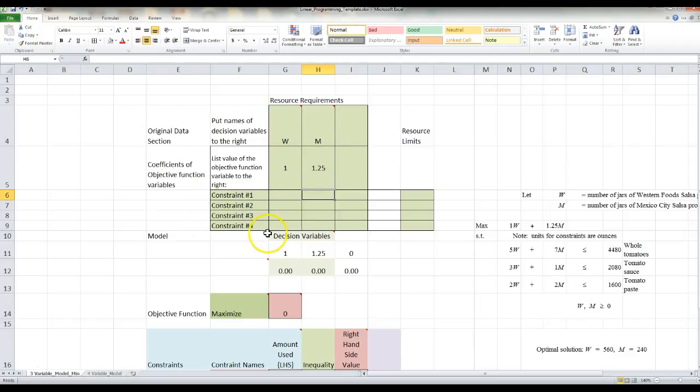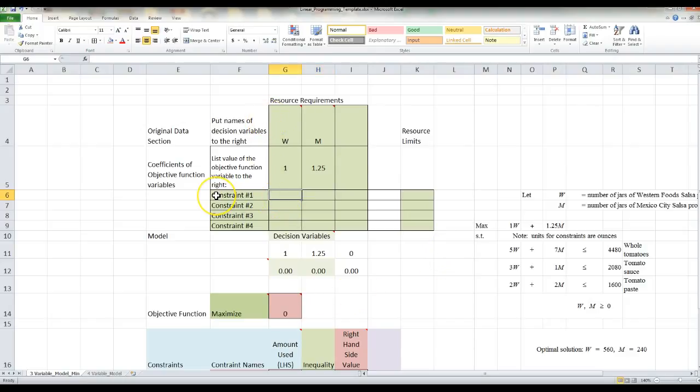All of this information will simply be the coefficient values for my objective function and for my constraint equations. So obviously, you need to do this type of model setup on a piece of paper before you enter in the information. I strongly advise you to write all this out before you start putting these numbers in to help you keep the information straight.